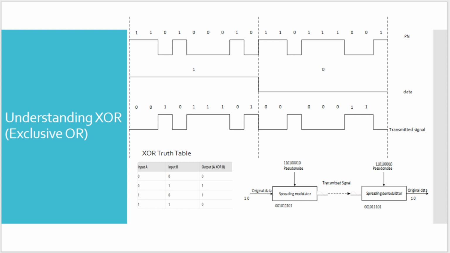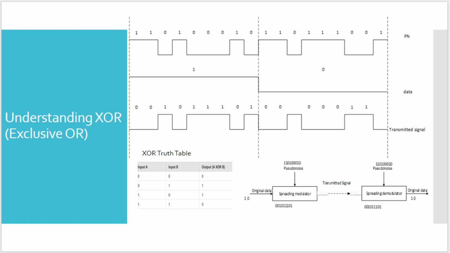For example, here is the PN. The above one is the PN 1 1 0 1 0 0 0 1 0, and another one is 1 1 0 1 1 1 0 0 1.